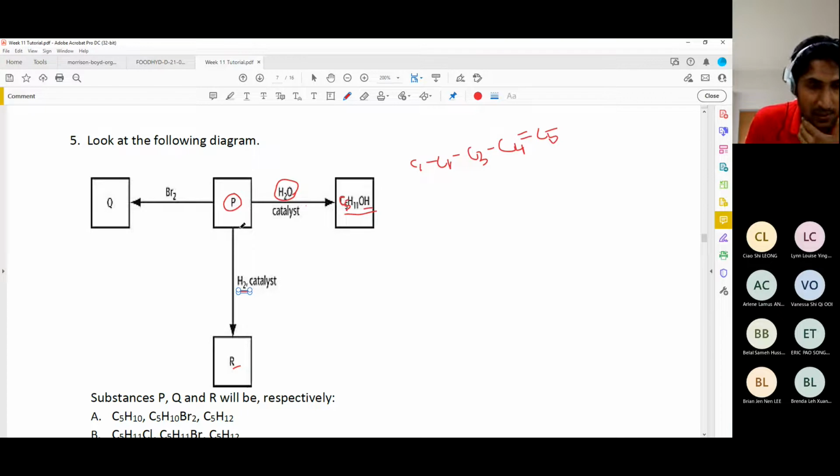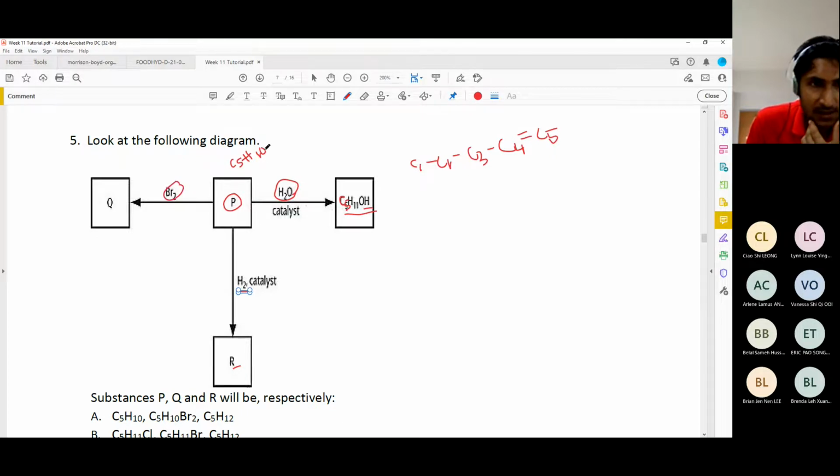So the number of carbons in P is 5. It should be C5, and if there is one unsaturation, then it should be C5H10. That is a pentene. So P is pentene, that we understood. And if we add bromine to this pentene, what will happen?